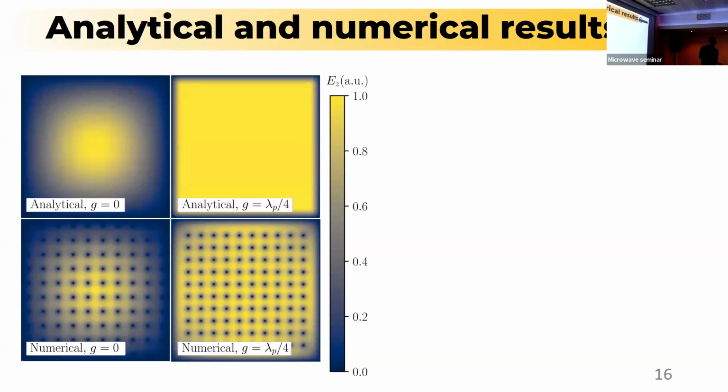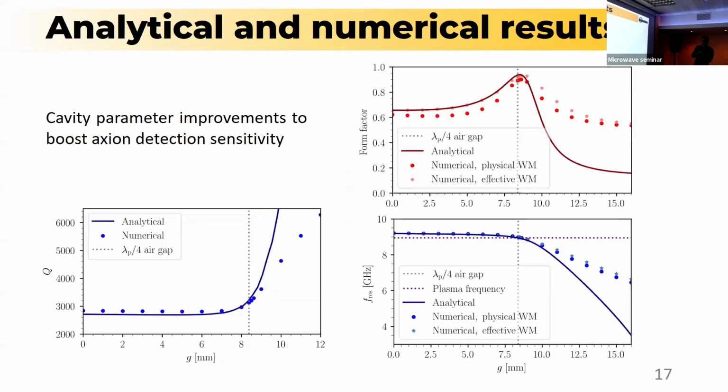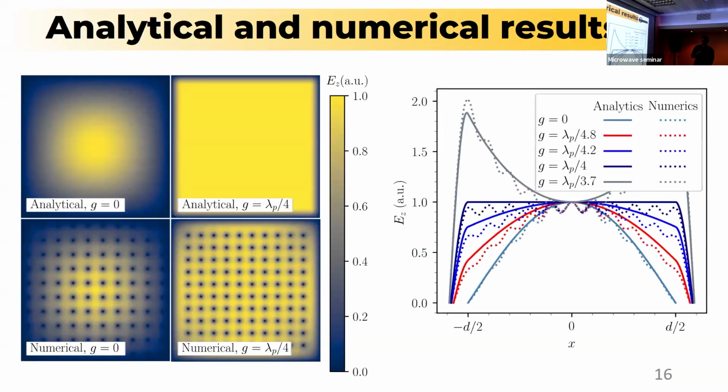And if we check further, if we check more details about other cases of the air gap, we can see this plot here about the electric field. It will be a line plot along the center of the cavity. And we can see here several cases of the air gap.